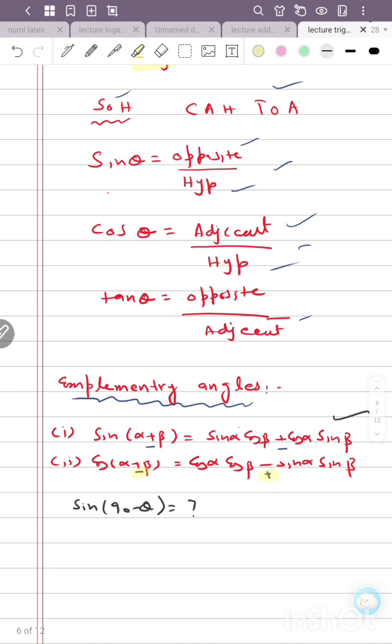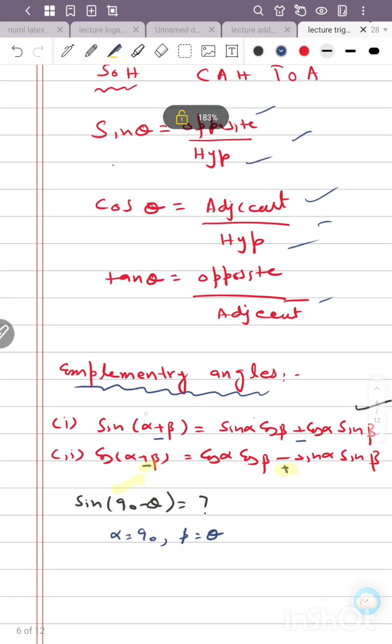Okay, now we will start from the question. The question is sine 90 minus theta, what is the answer? This is also a formula to find the answers to such questions. If we write it here, alpha is 90 and beta is theta.